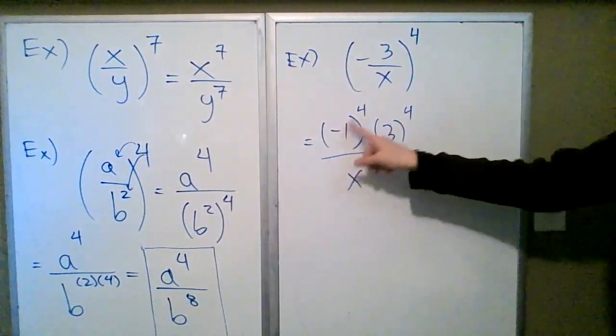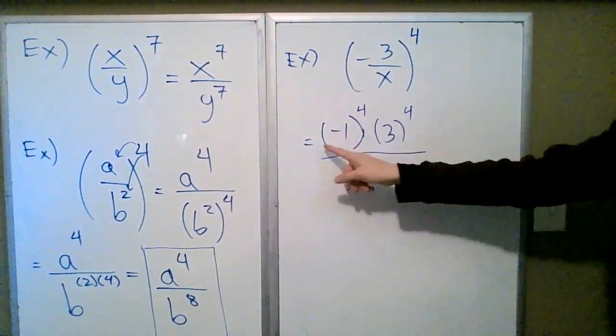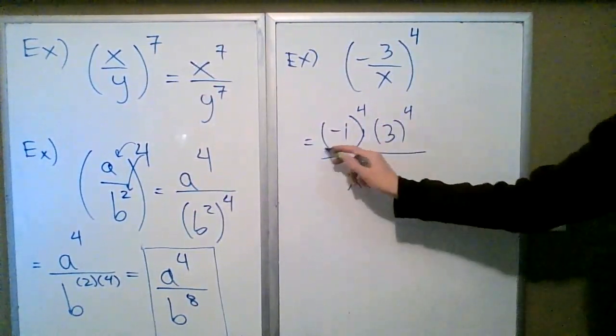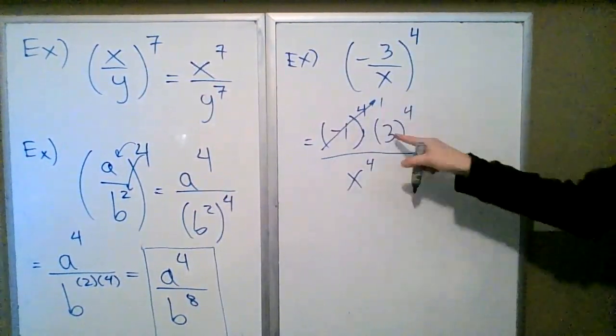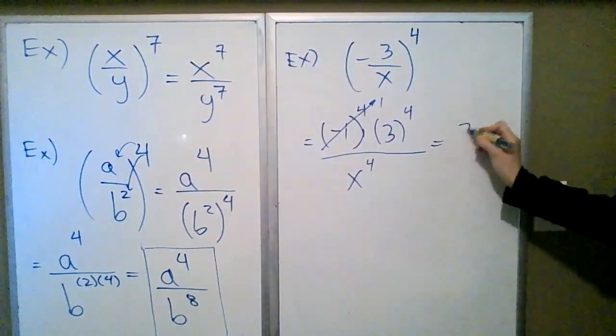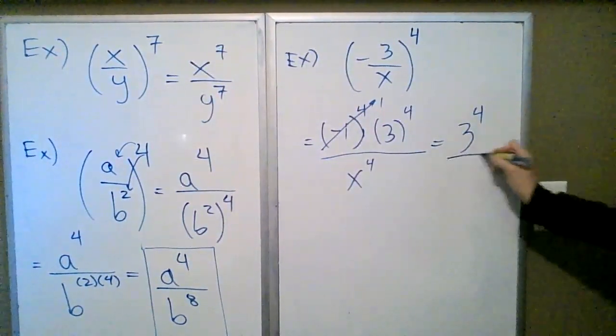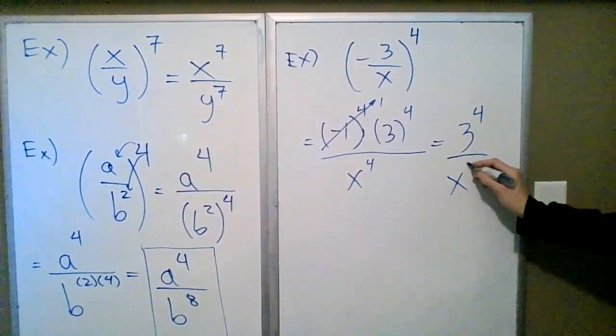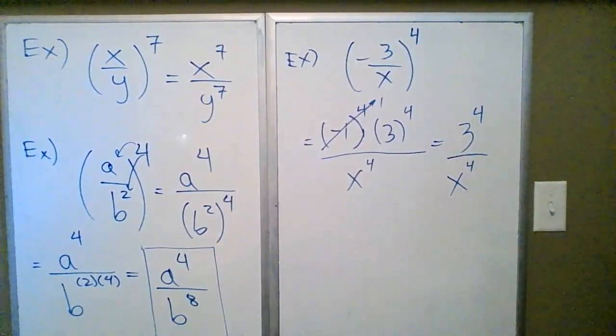Since the power on this negative 1 is even, it's positive 1 times 3 to the 4th over x to the 4th. And 3 to the 4th is 81.